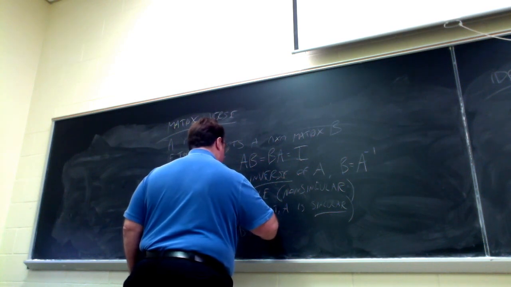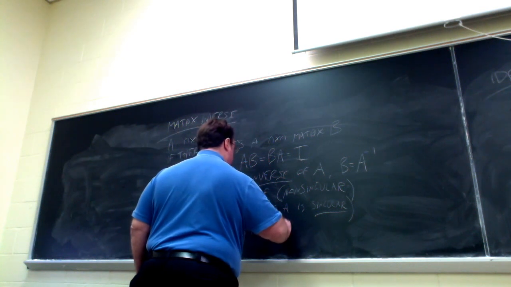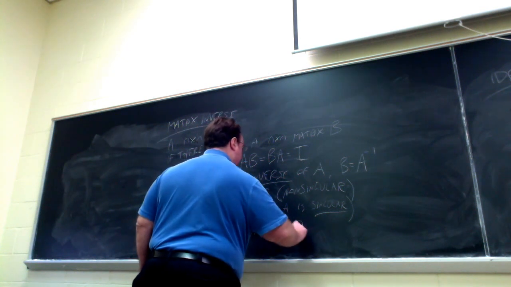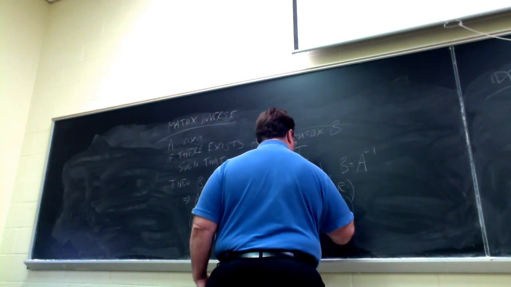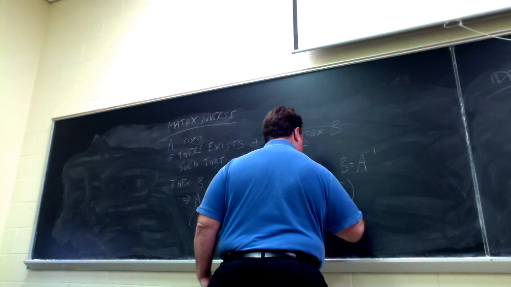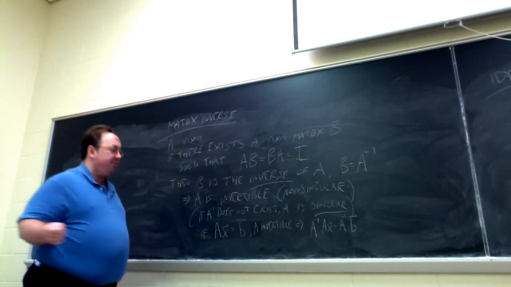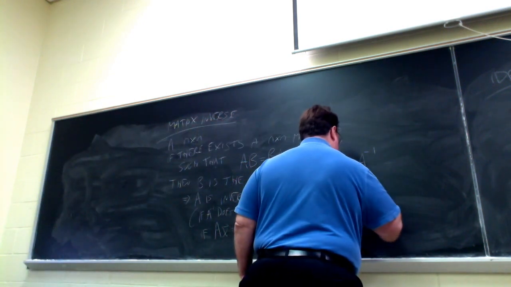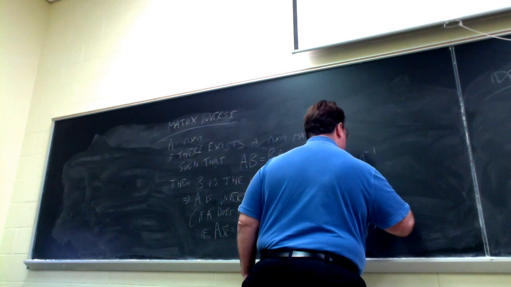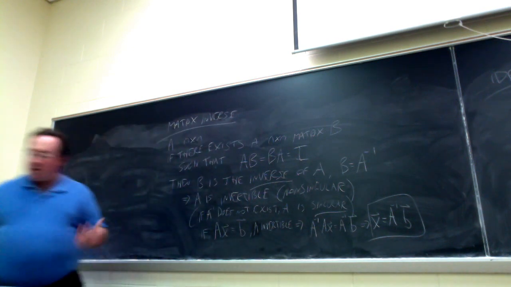So if A is invertible, I can multiply both sides by that inverse that we now know exists. And then on the left side, the A inverse and the A cancel out. So I get x is equal to A inverse times b.